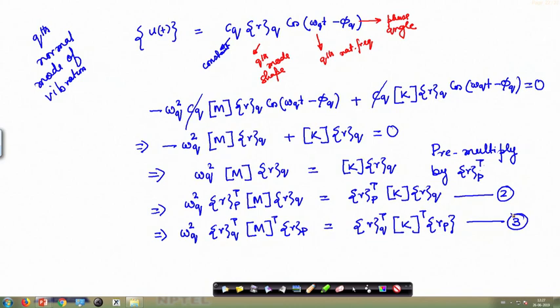Now, let us carefully look into this equation. M and k are symmetric matrices. Therefore, M transpose is equal to M and K transpose is equal to K. Therefore, in equation 3, I can rewrite it.